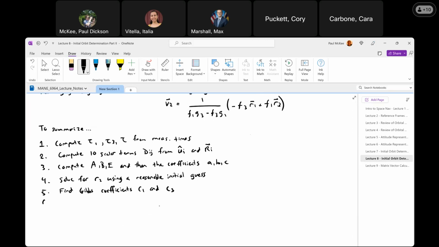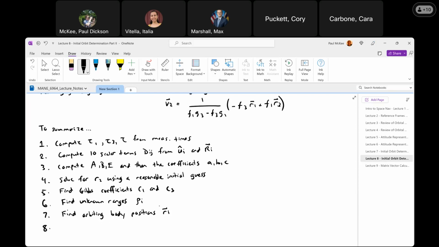Number 6 is find the unknown ranges, rho i. Number 7, find orbiting body positions, Ri.